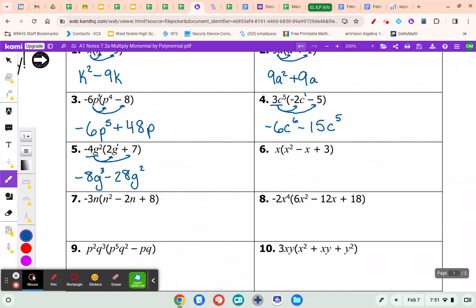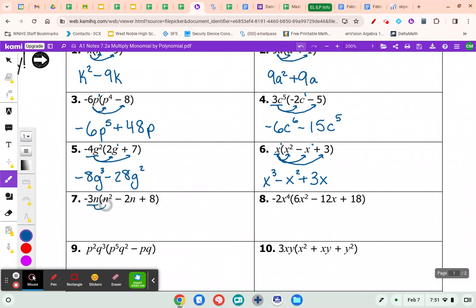All right, let's do it. We distribute to the first term. We get x cubed. We distribute to the second term. We get -x squared. We distribute to the third term. We get plus 3x. All in standard form. Good to go. Question 7.